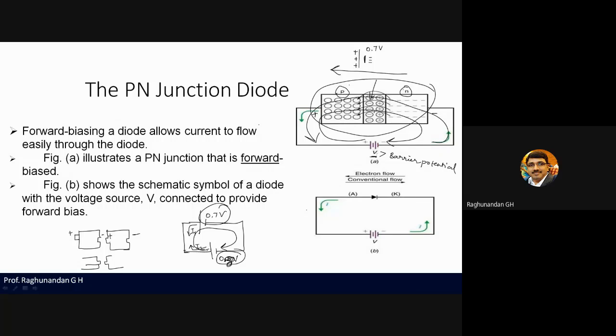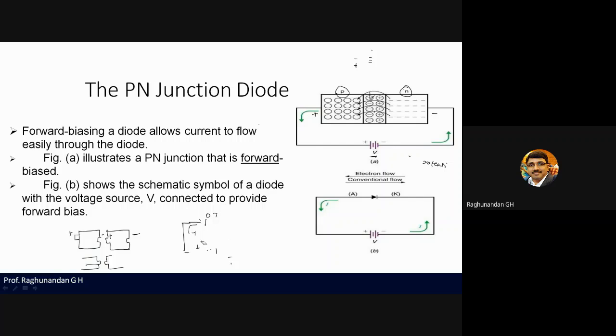So coming to the first case, which is forward bias condition. Positive is connected to the positive and negative is connected to the negative.